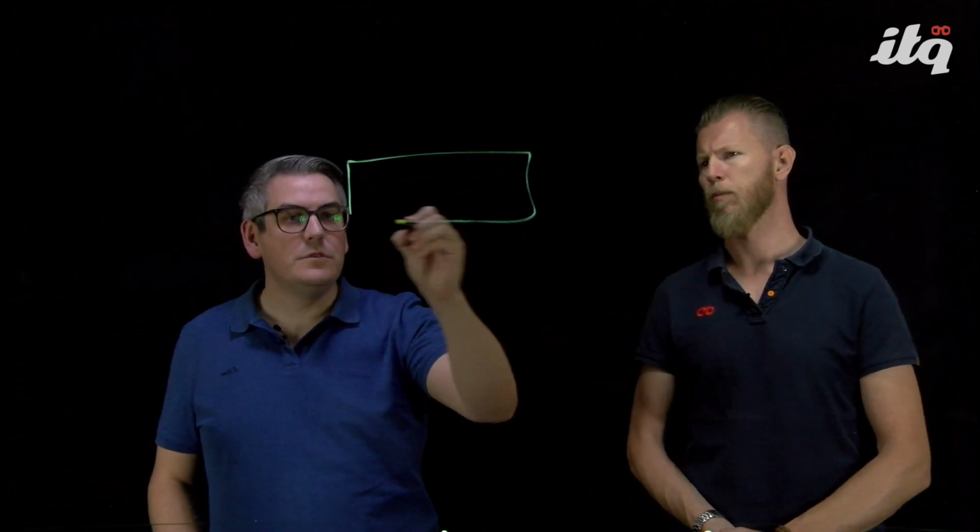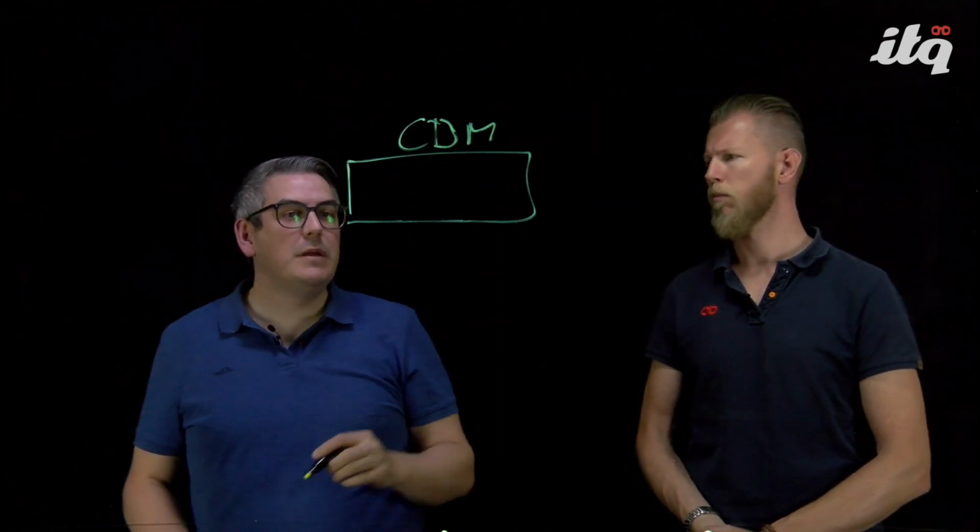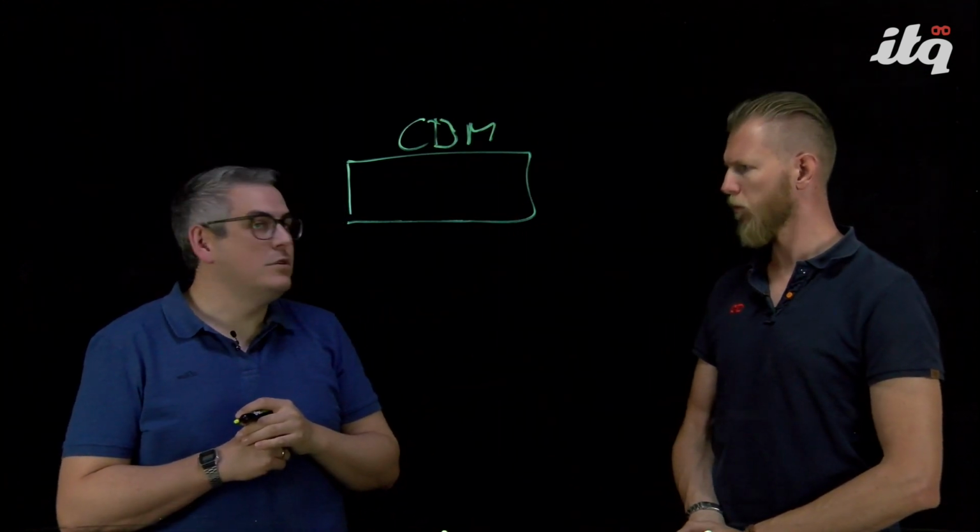So, if you take a look in a general sense of how we integrate with VMware, the solution that we have, we call it CDM or Cloud Data Management. It's a software fabric, but it's typically delivered on a hardware box.